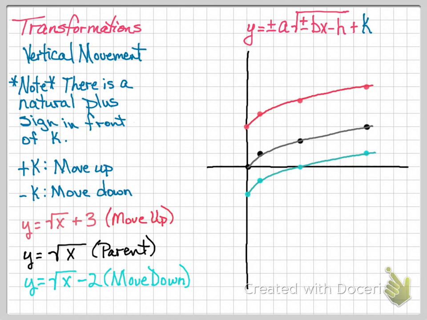If it is minus k or negative, it will move down from the origin. So in our examples, you'll see in the red or pinkish kind of red, we see the move up, okay? The parent function in black, and then in the turquoise or aqua color, we see a shift down, okay?